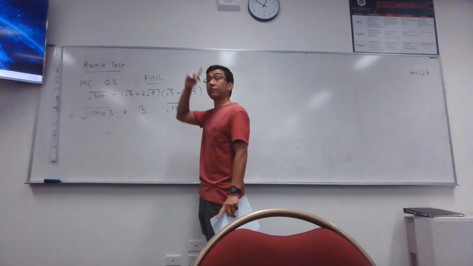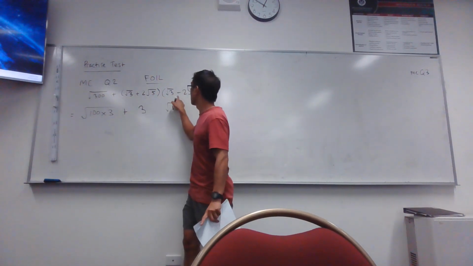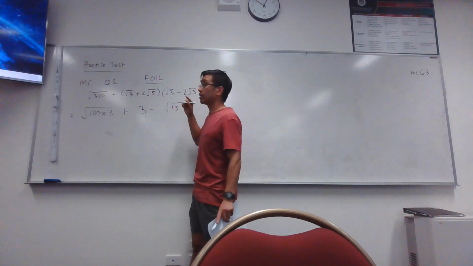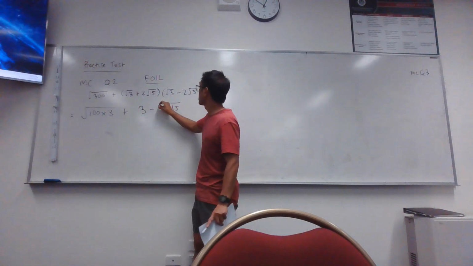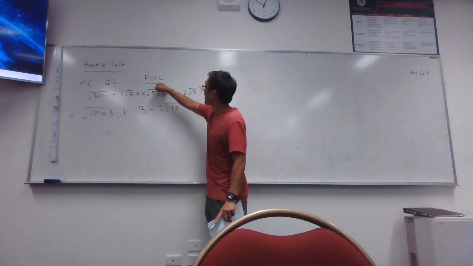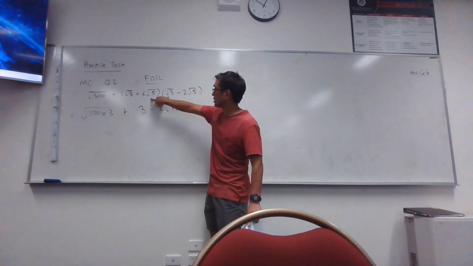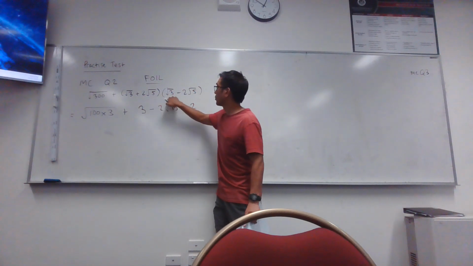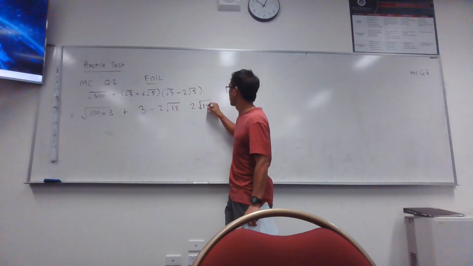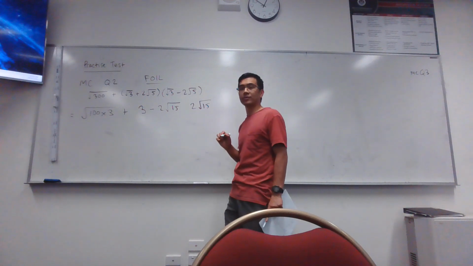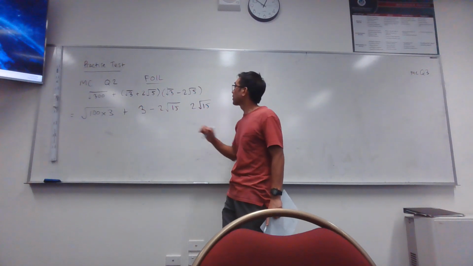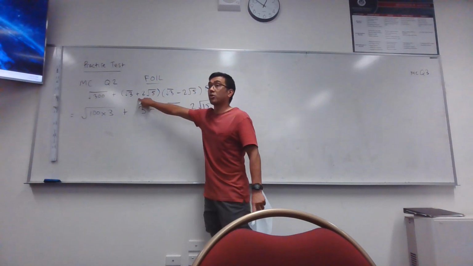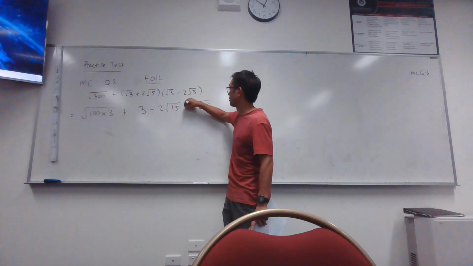So root 15. But don't forget any signs, it's an overall positive or negative. And there, what's missing in front? The 2. So we go inside, the 2 insides. We have a 2, root 5 times root 3 is once again root 15, and a positive.